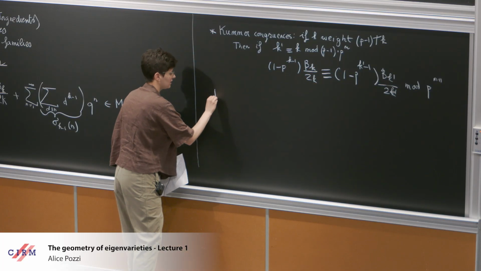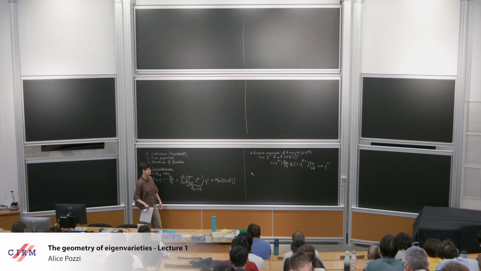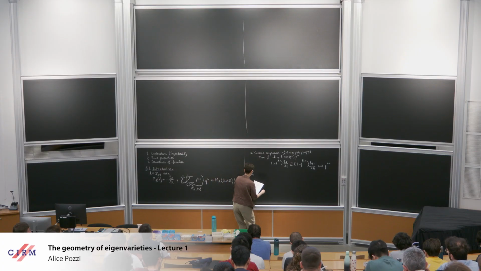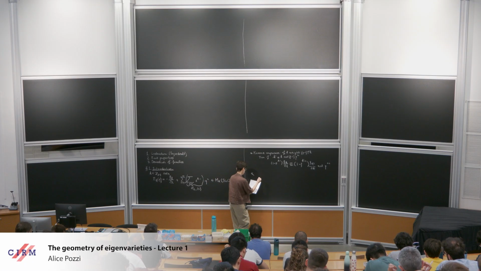On the other hand, there is also a congruence that involves the higher degree coefficients. So this is much more elementary than the Kummer congruences.